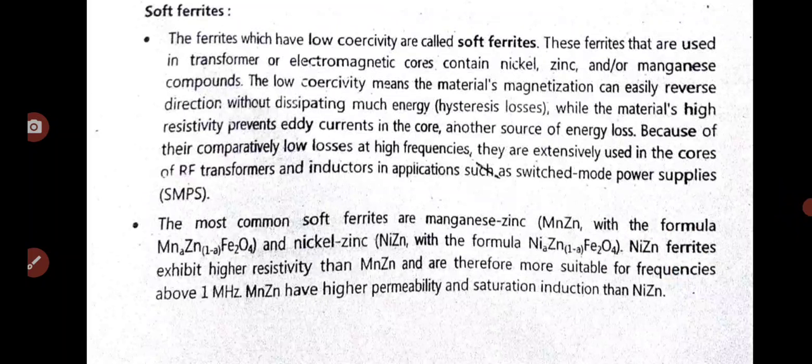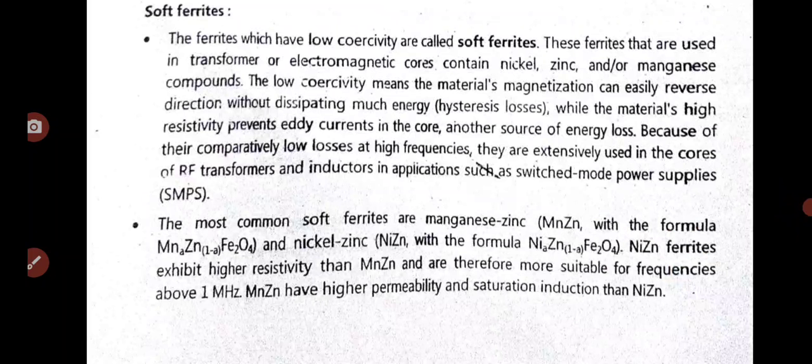This point is called the coercivity. If this coercivity value is low, the magnetic field strength value is zero and the material is demagnetized, removing the magnetization in the material. That is what is meant by coercivity.